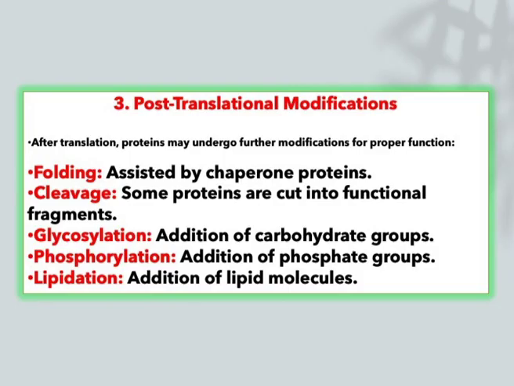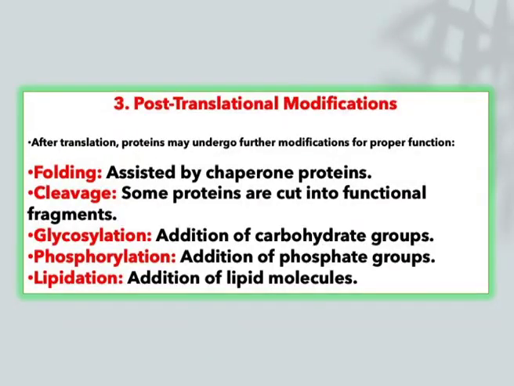Folding is assisted by chaperone proteins, which are most important proteins involved in post-translation modifications. Then cleavage. Some proteins are cut into functional fragments, which are most important for other biochemical processes of all living organisms.